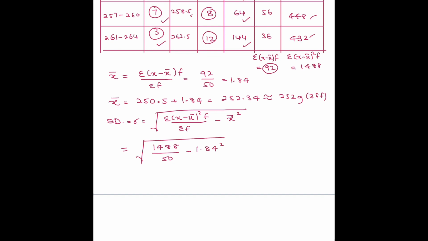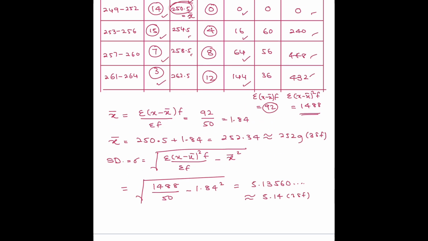We have to use the mean that we got from the assumed mean, not the original, because we are dealing with the values that we received after subtracting 250.5. So this is 5.13560, approximately 5.14 to 3 significant figures.